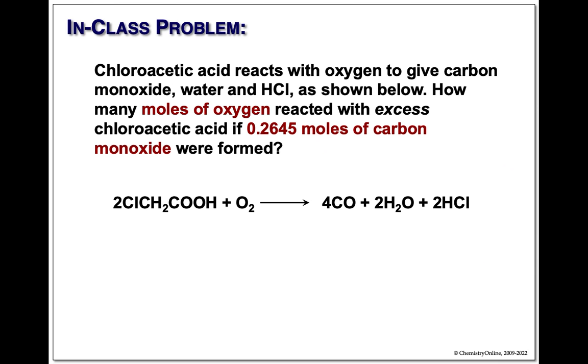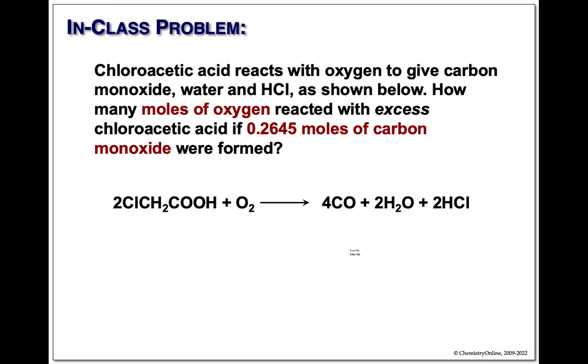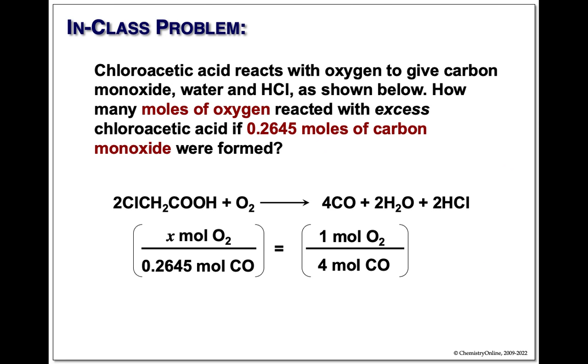Our ratio here is 1 oxygen, 4 moles of CO. Again, carbon monoxide is going to be the given, so we'll write the ratio with it in the denominator. Now our unknown, moles of oxygen is X. This is our given.